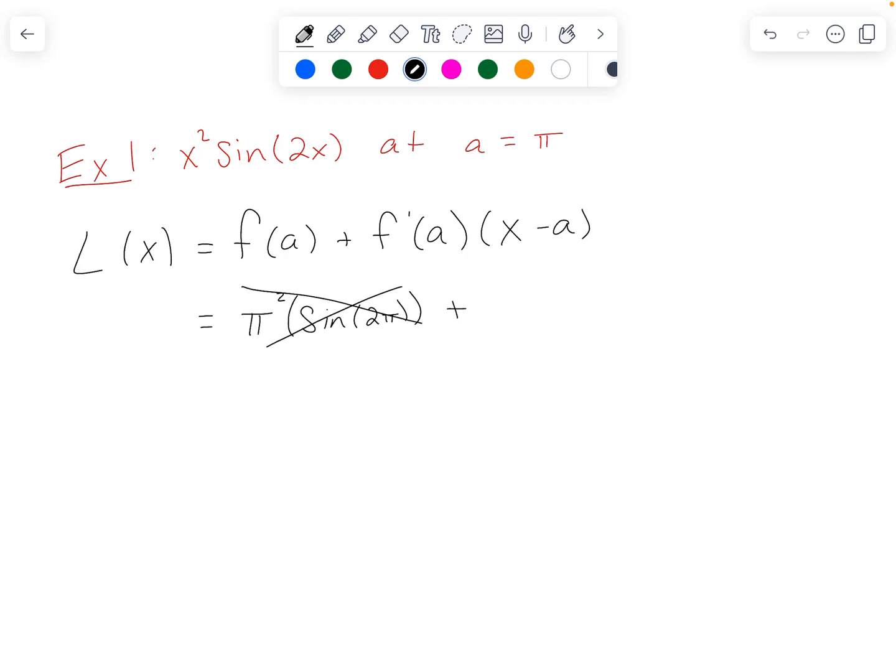Plus f prime of a. So, okay, I got to find my derivative now. So if that's f of x, f prime is going to be first times the derivative of the second. So it's x squared times 2 cosine 2x. First times the derivative of the second for that first part. And then I got to find second times the derivative of the first.